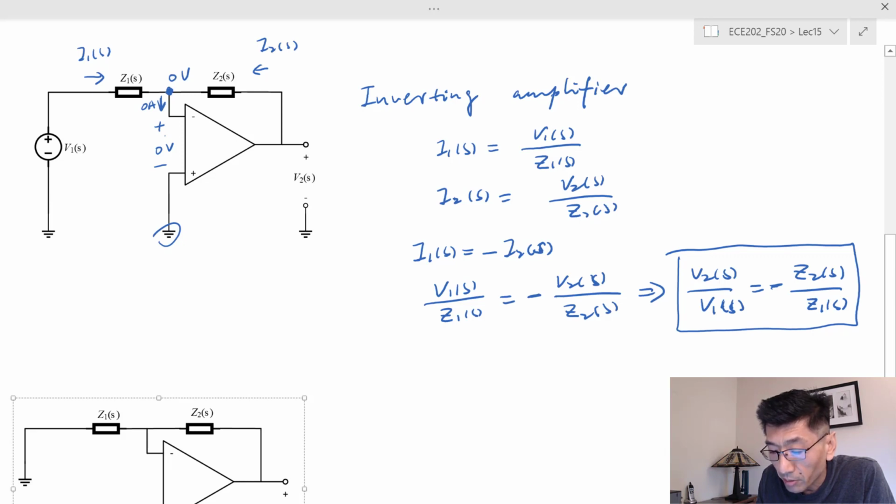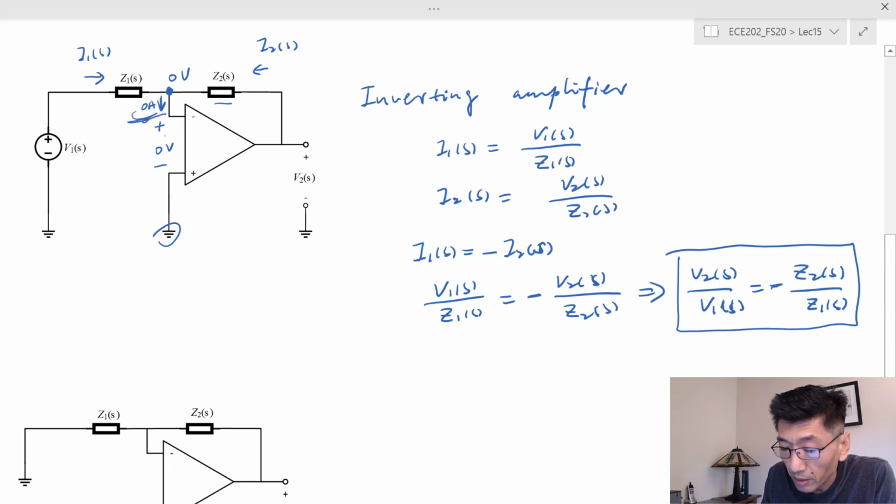So let's see the voltage division. Since this one here has 0 current, these two elements are connected in series, so I can do the voltage division. The voltage across this one here is just equal to negative V1, right?